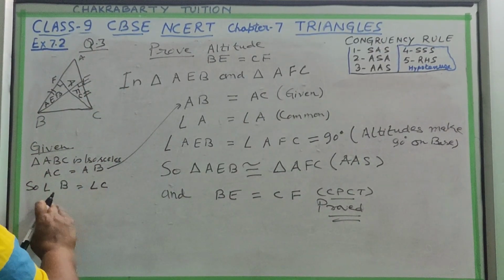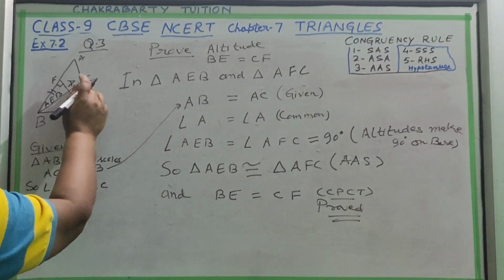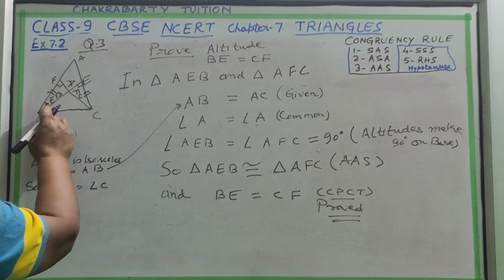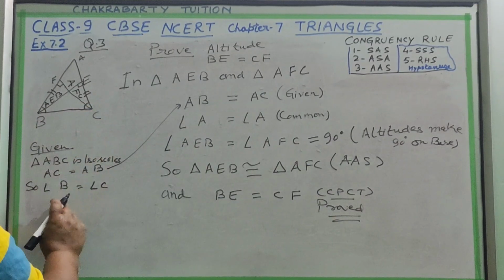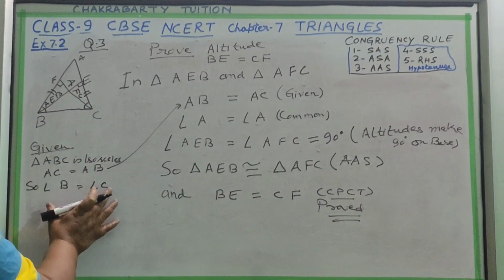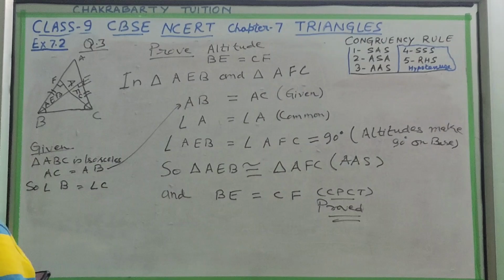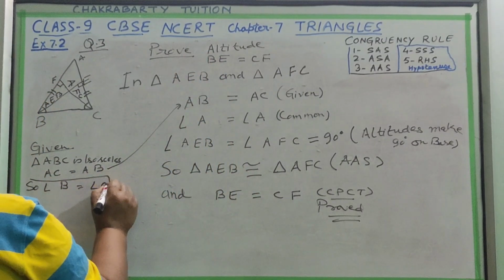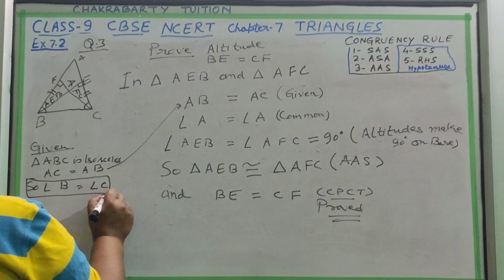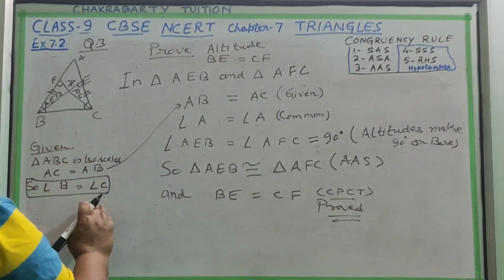And if they are equal, then equal sides have equal opposite angles. So angle B and angle C will also be equal. This is the ground. We have not used this, but it automatically comes here, being isosceles.